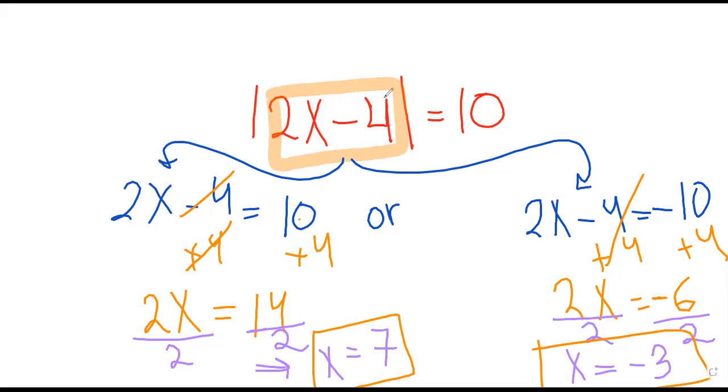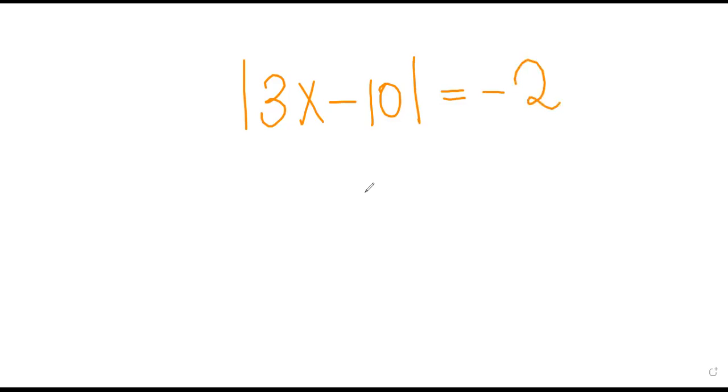Great. Okay, what if we have this situation? The absolute value of 3x minus 10 is equal to minus 2. Do you think I will have two cases? No, this is not the case.